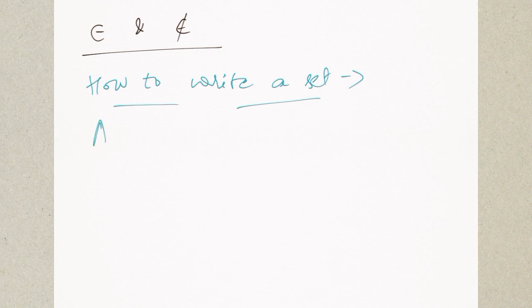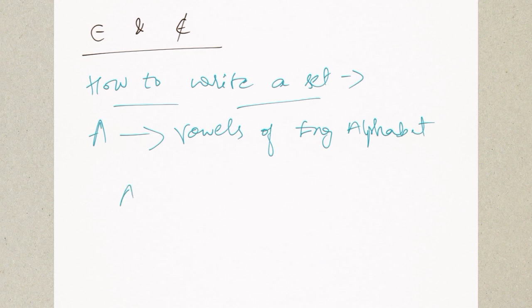How to write a set, first we will see. Suppose I have to write a set A which will represent all the vowels of the English alphabet. Write set A first, then put is equal to.